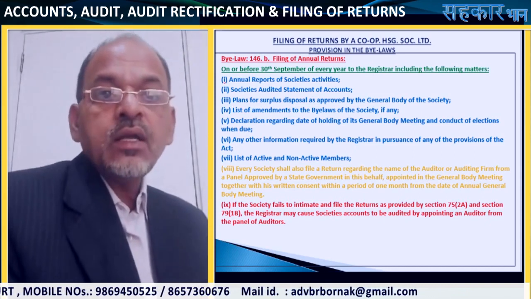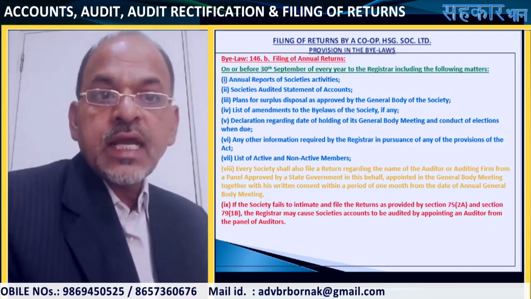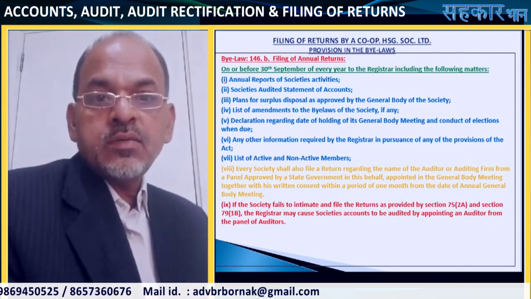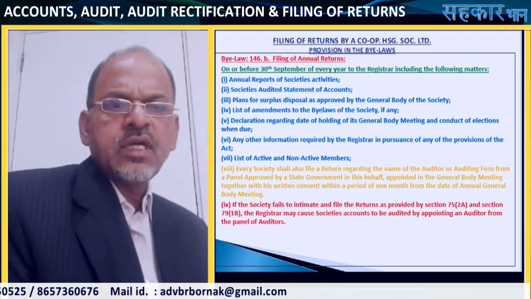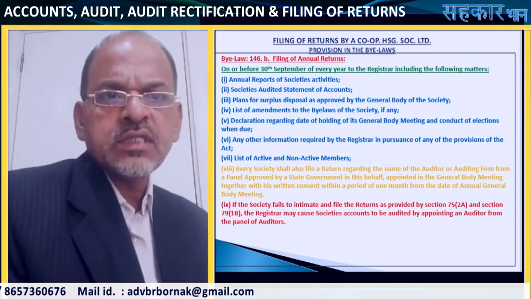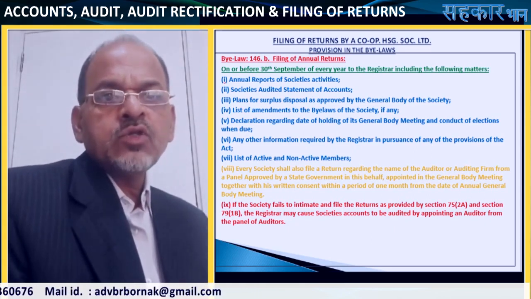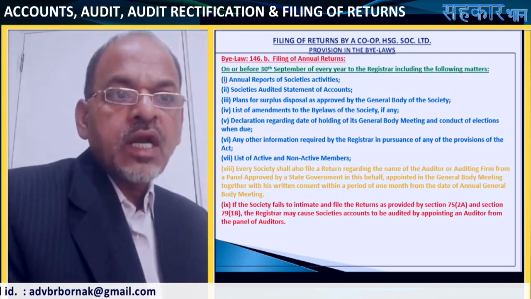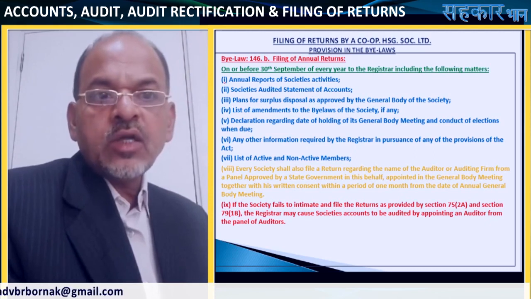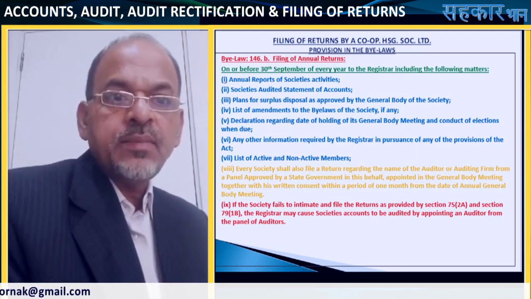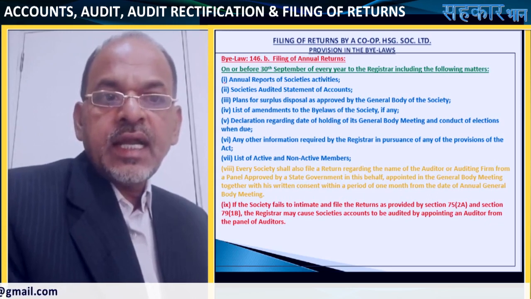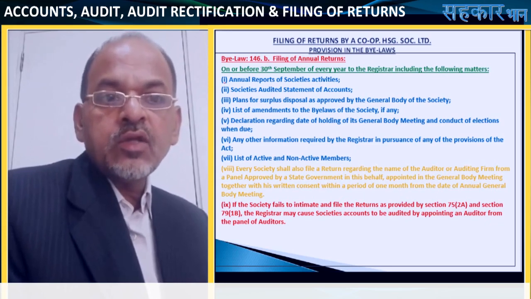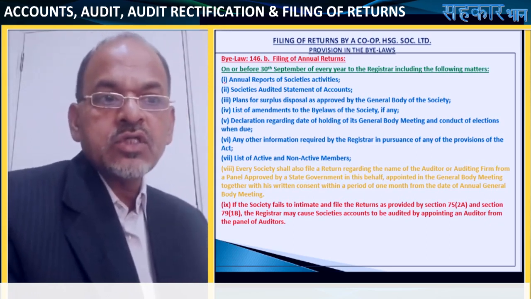One, annual report of the society's activities, the society's audited statement of accounts, that is profit and loss, income. The same provisions are reflected here under bylaw 146 as they are under section 79. Then plans for surplus disposal as approved by the general body of the society, a list of amendments to the bylaws of the society, if any, a declaration regarding the date of holding of its general body meeting and conduct of election when due, and any other information required by the registrar in pursuance of any of the provisions of the act.